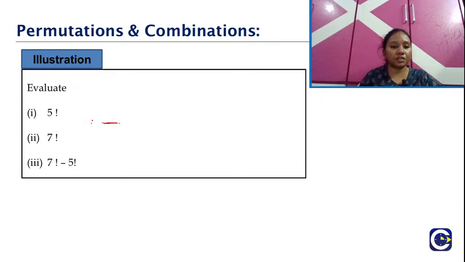So what's the answer for the first one here? The first bit is the evaluation of 5 factorial. So let's see.